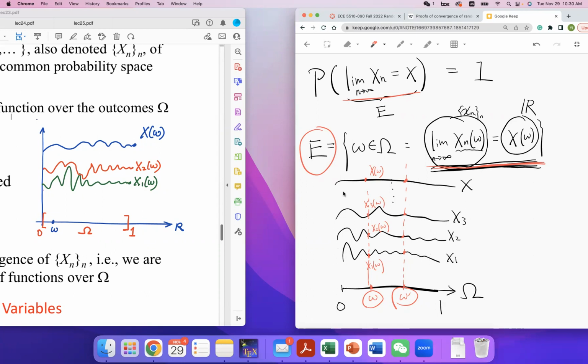And in this part of the omega space, maybe X1, X2 have more fluctuations, but eventually they will also converge to the realization of X. So almost sure convergence requires that the entire sequence of functions converges over the entire domain pointwisely. It's a very, very strong requirement.